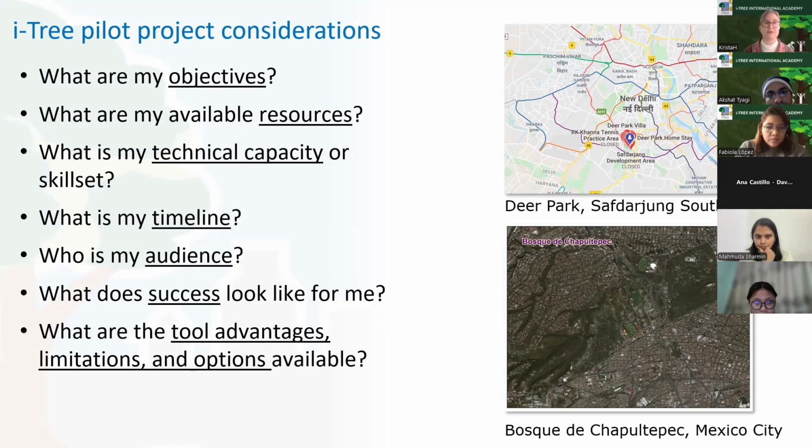You don't have to feel limited to just the basics. And the more information you can provide to the tool and the more data you can collect on either your trees or your plots, the more robust your end results are going to be. So part of this is just about finding out what the tool is going to give you on the other side and what that means you want to be putting into it as you get started.